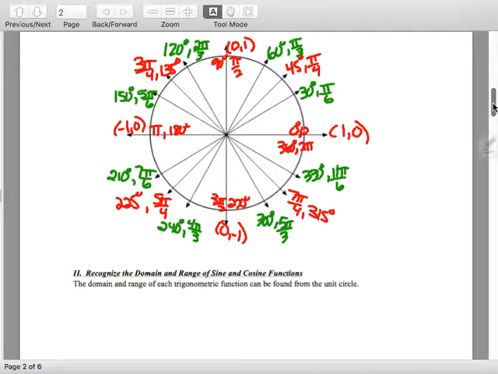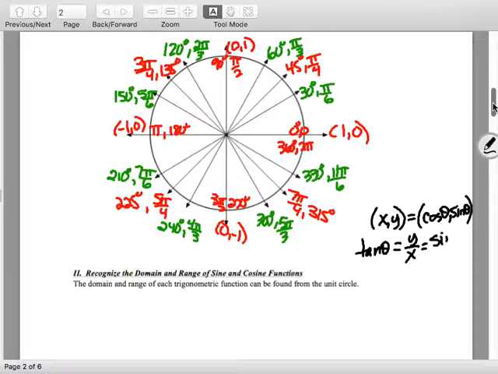Something I want you to write down off to the side, something you need with your unit circle: every pair (x, y) is the same thing as (cosine theta, sine theta). And the other thing you need to know is tangent is y over x, or sine theta over cosine theta. These are critical pieces of information to help you be able to evaluate any trigonometric function.